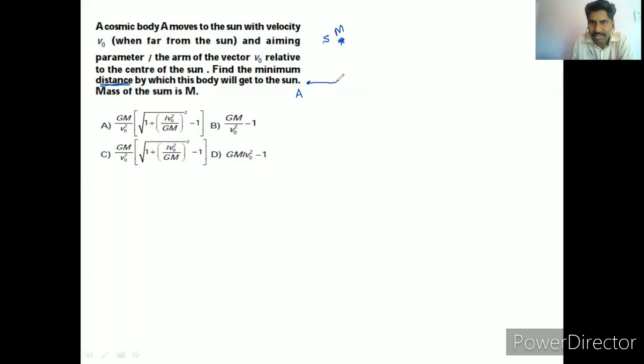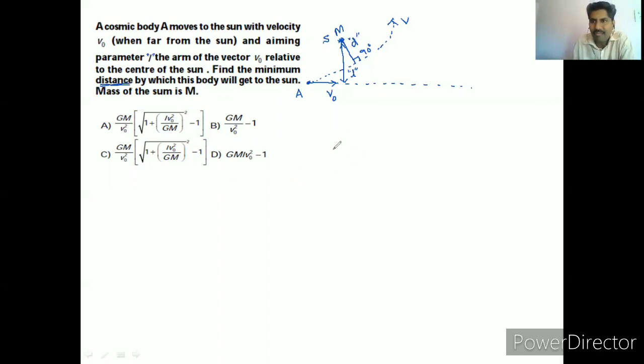Initially it is going with a velocity v naught, in this manner, and its distance, the aiming parameter, is L. Now when it goes in this manner with a velocity v, very near to the sun, it is at an angle of 90 degrees. This distance I will take as d.